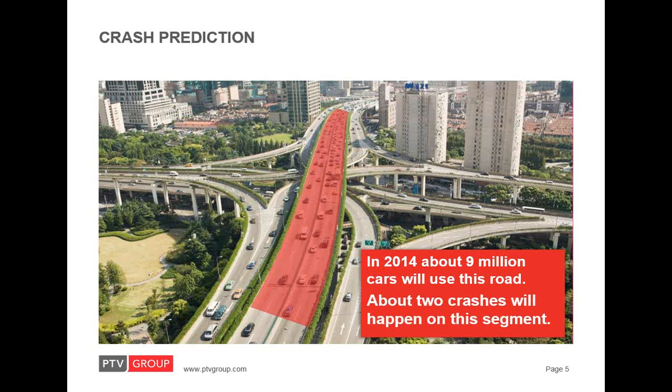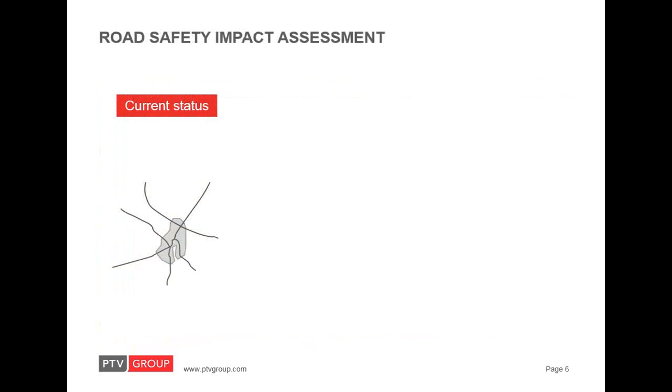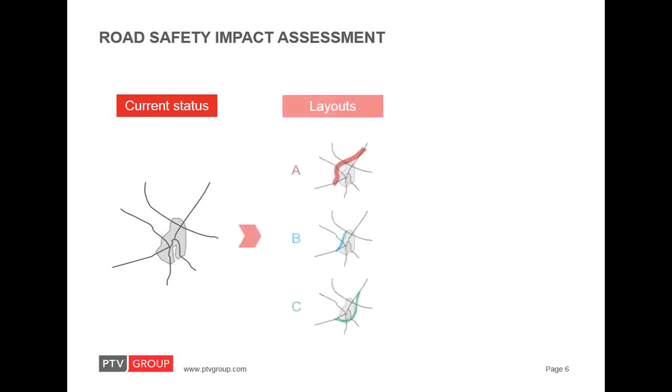How is this used? If you are planning some big changes in your traffic network, you have a current status, maybe you want to build a bypass or something like this, then you have different possible layouts. Typically, you analyze these layouts with PTV Visum to get an idea of how much traffic you are going to be able to shift out of the city center to your bypass.